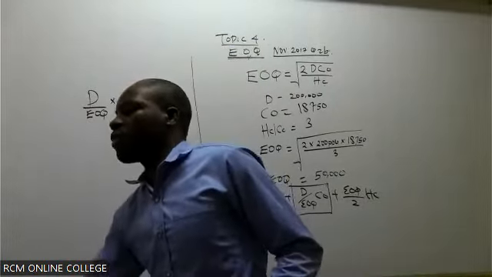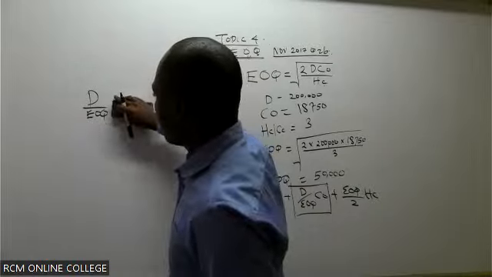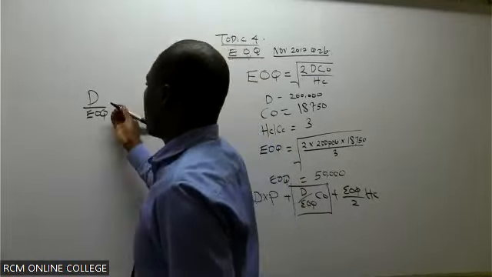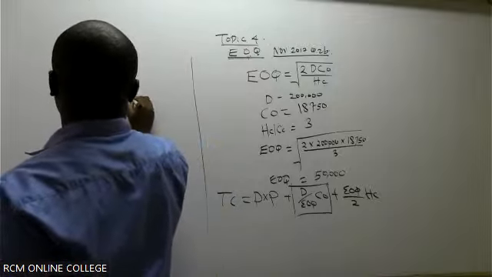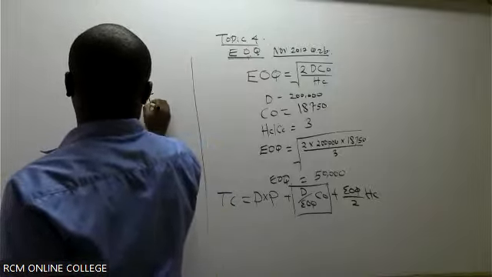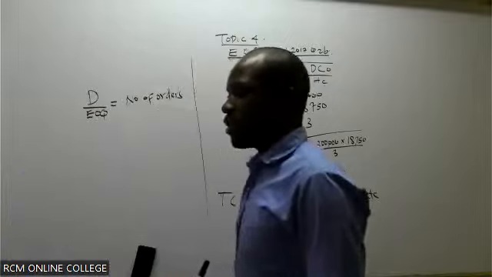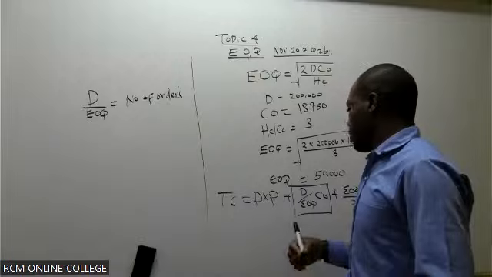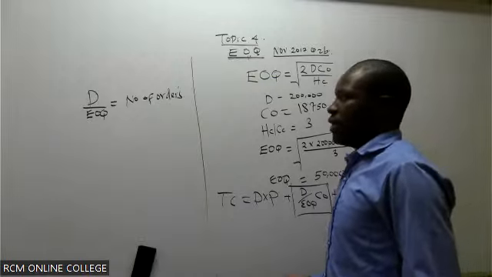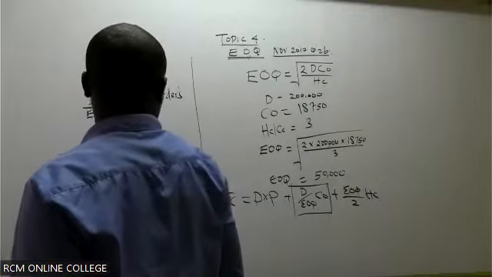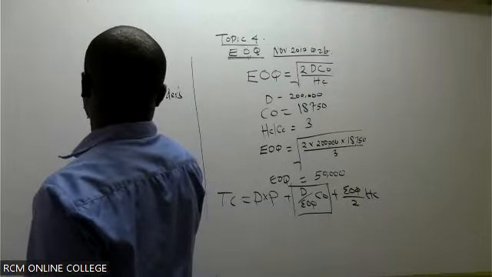What do I mean? If you just delete the ordering cost, this one here is equivalent to number of orders. So can we go ahead and do that? Are we able to get the number of orders? Demand. Are we given demand? Yes, 200,000.